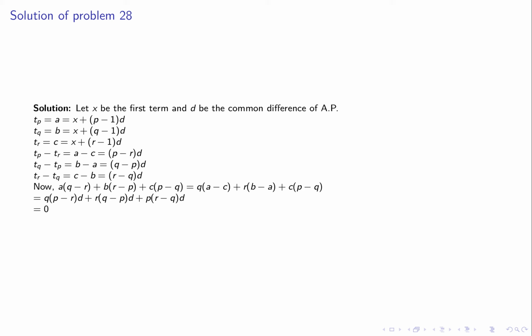The qth term is b equals x plus (q minus 1) into d. Tr is c, which is x plus (r minus 1) into d. By subtracting the respective terms, we arrive at the values for a minus c, b minus a, and c minus b. Now we substitute these values into the rearranged terms of the equality which we have, and we arrive at the solution.